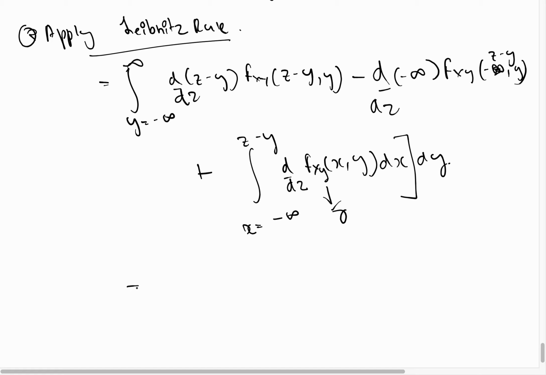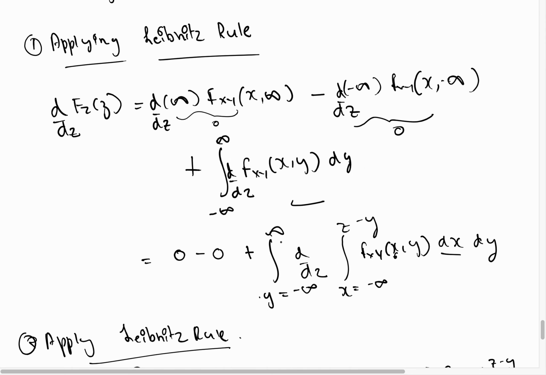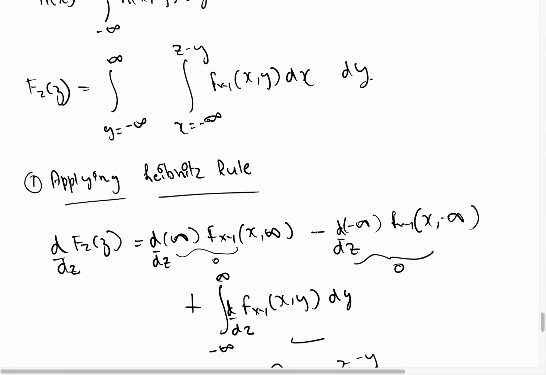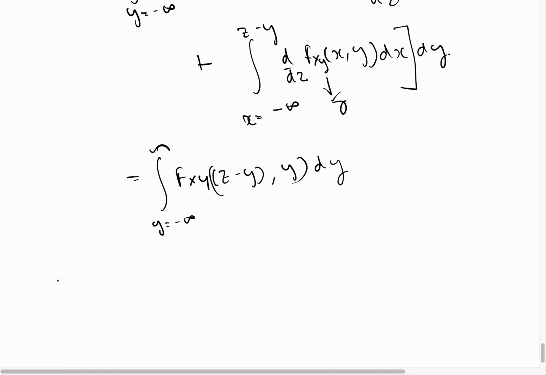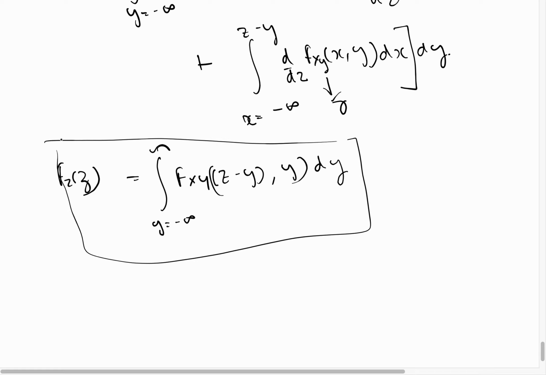So we will be left with just integration y equal to minus infinity to infinity f_XY(z minus y, y) dy. We started from here and we are left with this term, and this is nothing but f_Z of z, the PDF of z.